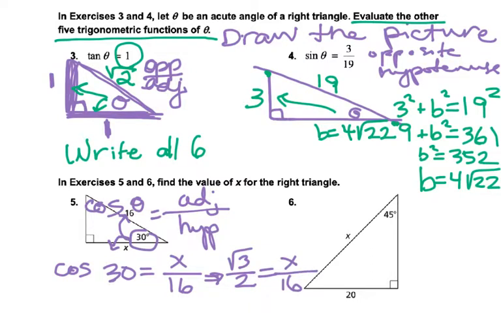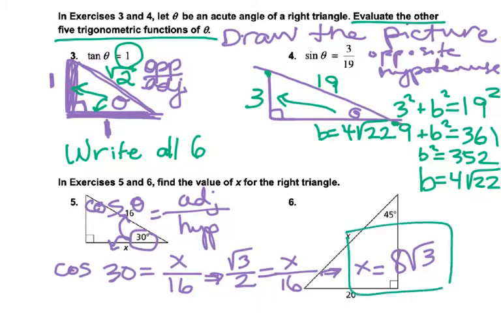If you cross multiply, you get 16 root 3 equals 2x. You divide 16 root 3 by 2, and you get 8. So for number 5, you end up with x equals 8 root 3, which is a reasonable number.